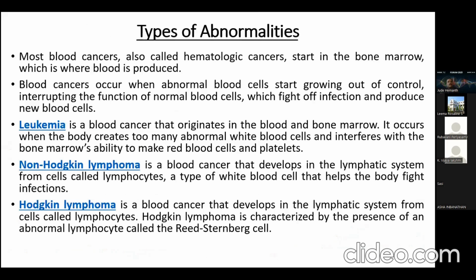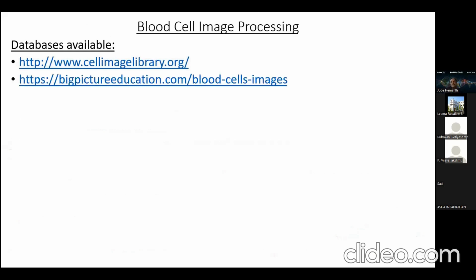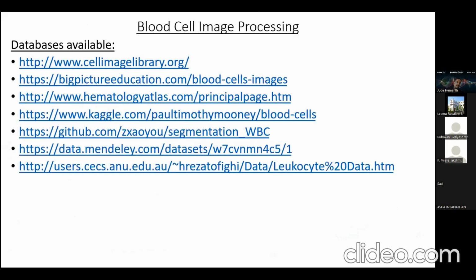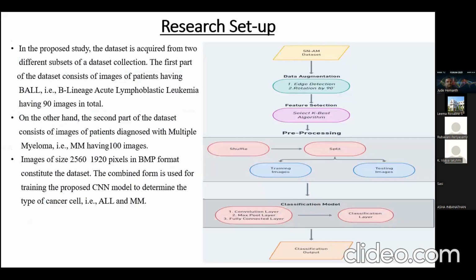In that case, how you are going to differentiate the types? Right? That is very, very crucial in determining the treatment planning. Again, if you wonder whether I will have any databases, there are plenty of databases where you can download the images, right? These are links, and you can also approach some hospitals who will be ready to work with you.